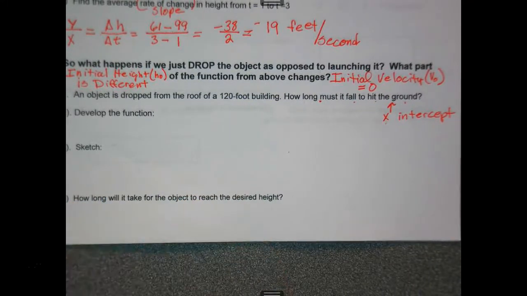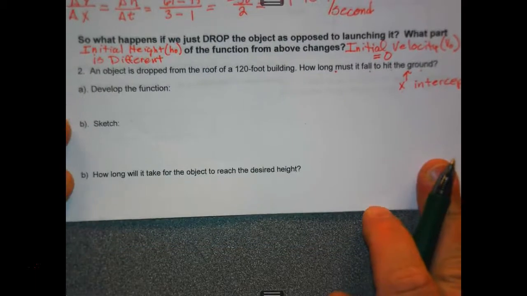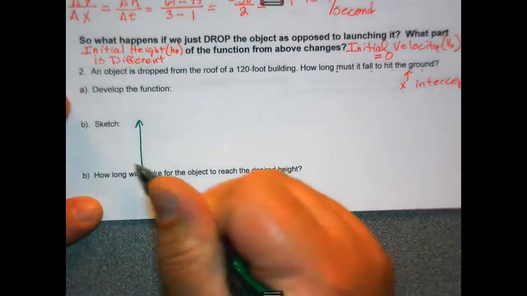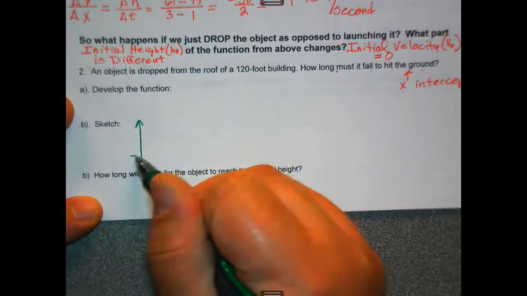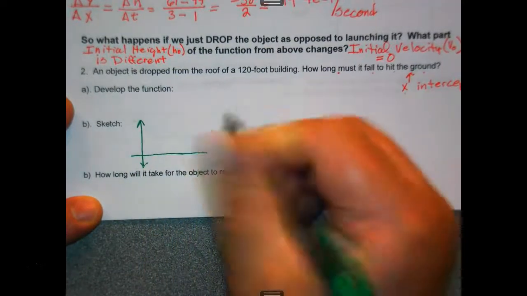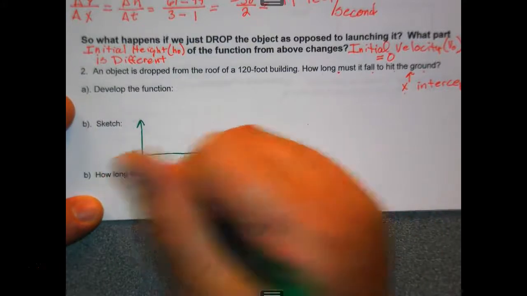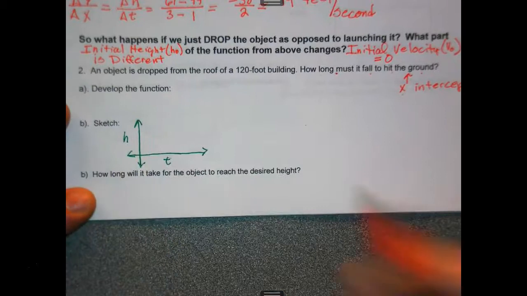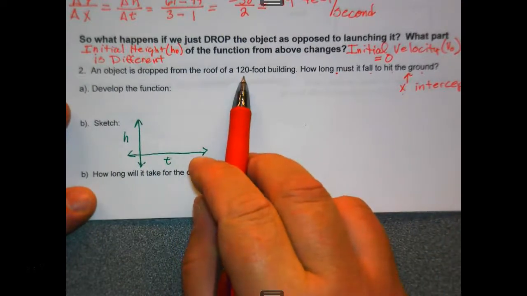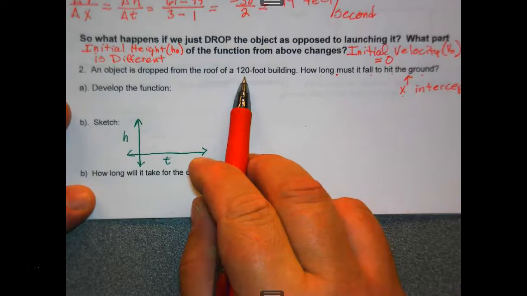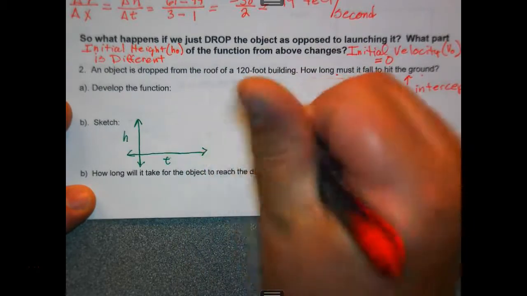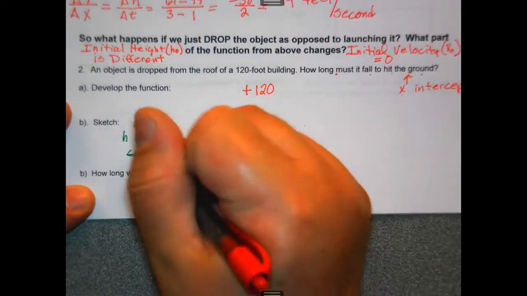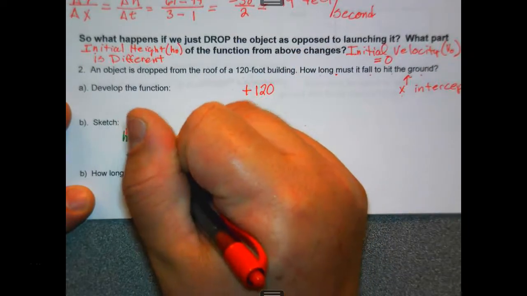So let's draw a little sketch here first. Okay, so here's our height, and here's our time or x-axis. It starts at our initial height of 120.